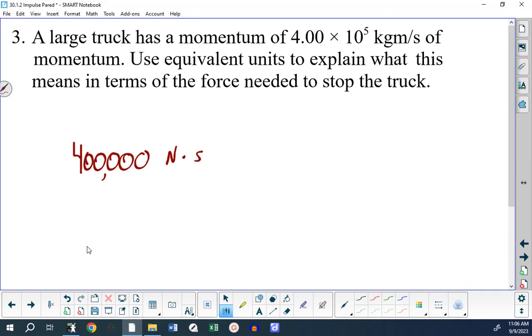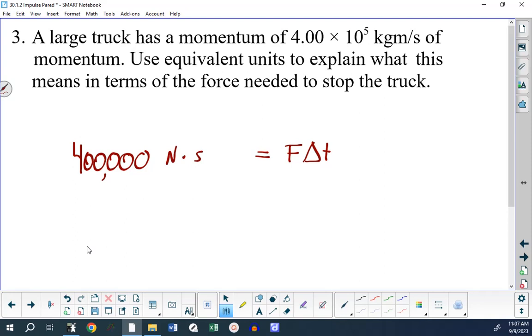What this means is that if I wanted to stop the truck and it has this much momentum, the product of the magnitude of the force and the time has to be 400,000 Newton seconds. Or, in order to get the truck to have that momentum from rest, you would have to apply a force over a time interval, and the product of the force and the time has to be 400,000 Newton seconds.